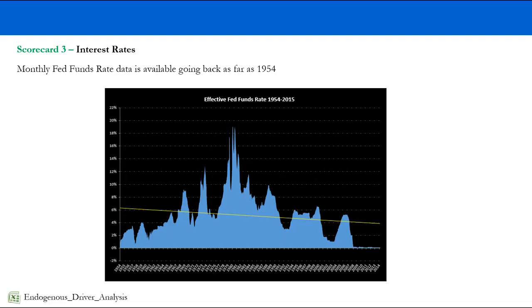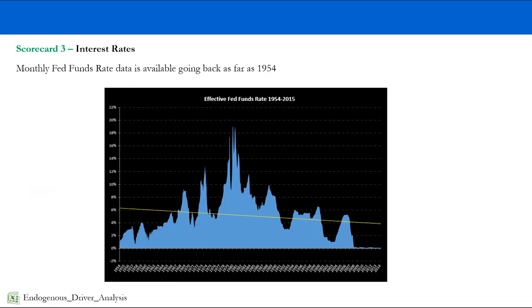Now, what we're going to do here is move over to the endogenous driver analysis again, and we're going to go into the interest rate tab, and take a look at the monthly Fed funds rate data, which is available at the URL we pointed to, going back as far as 1954.